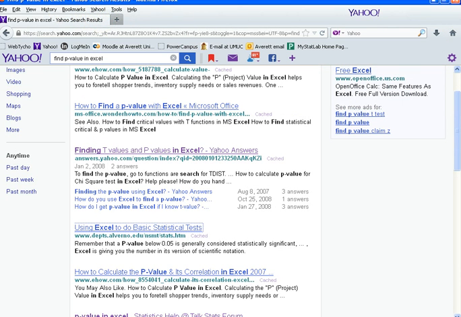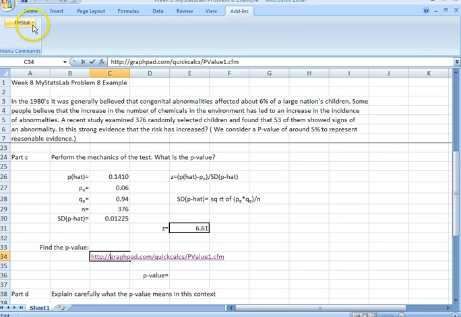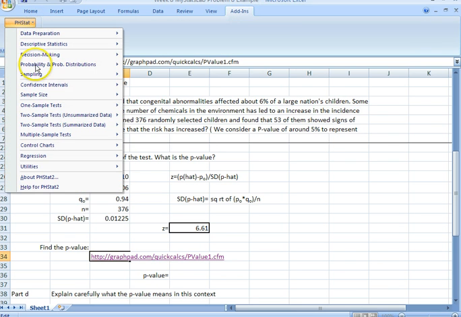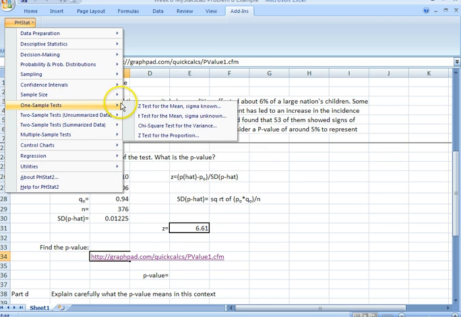We can also go back to our spreadsheet and let PHStat do this for us. We go to add-ins, PHStat 2, one sample test, and the z-test for the proportion.